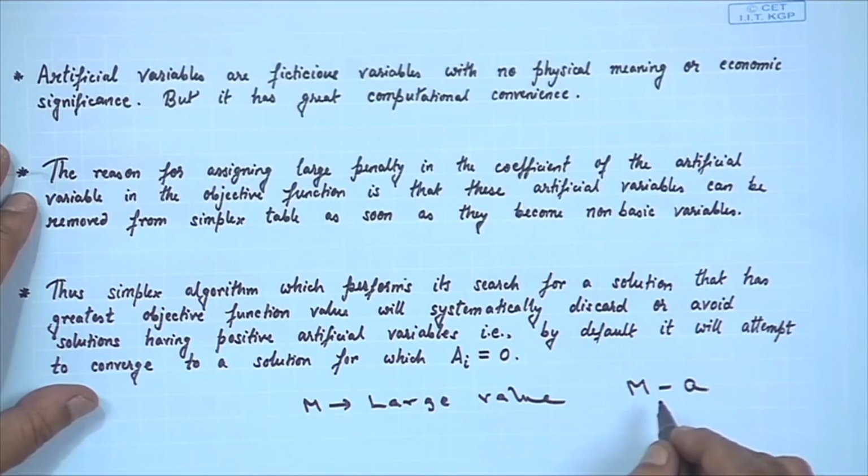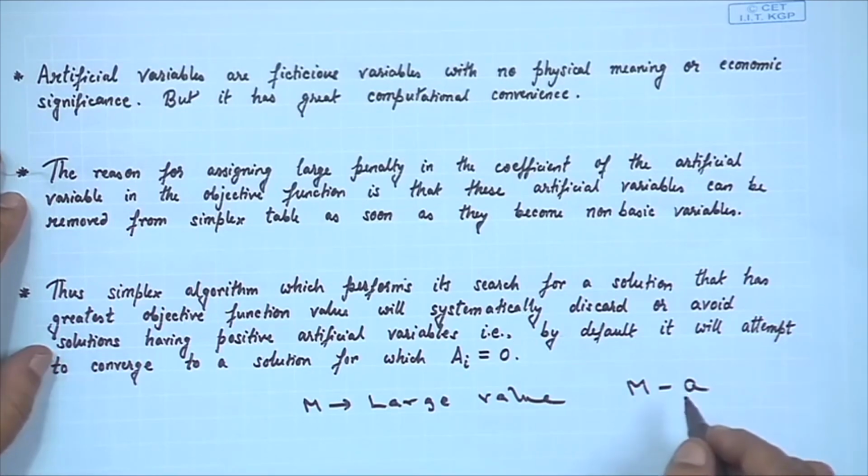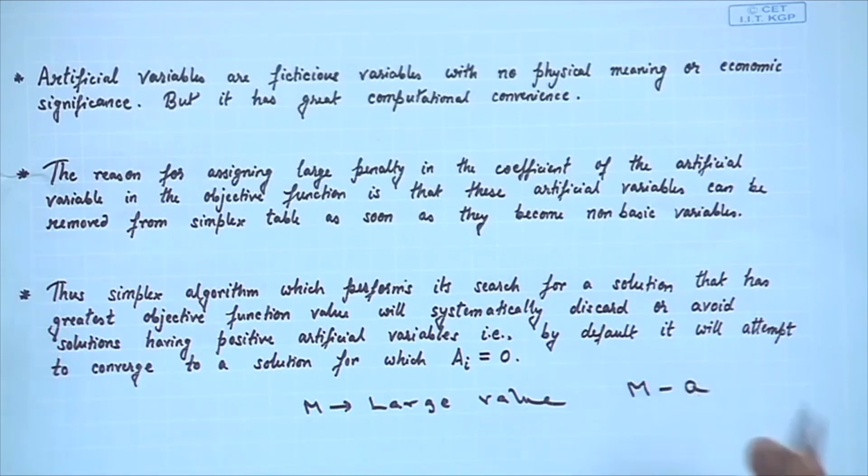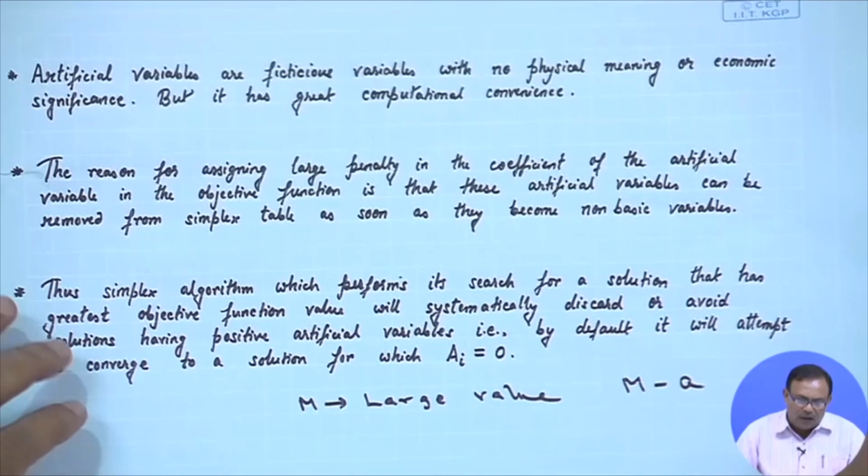So, for manual computation this is really good, there is no problem, but whenever we try to find the solution, write some algorithm and implement it on a computer, we face a certain problem: what kind of value should we supply for M? For that reason, although this big M approach is very efficient, sometimes we use some other technique.